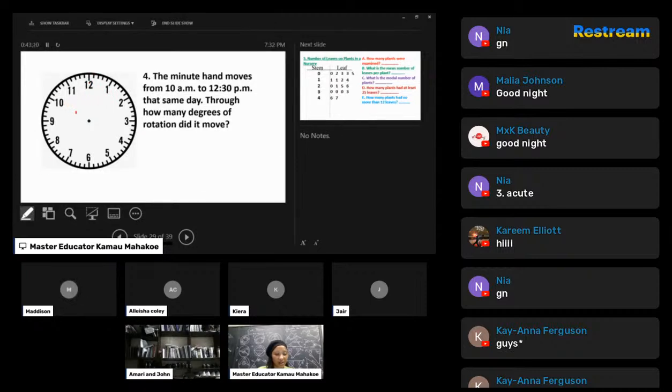So at 10 o'clock, this is 10 a.m., right? Yes, miss. So it makes one full rotation to 11 a.m., another full rotation to 12 noon, and then half a rotation to 12:30.